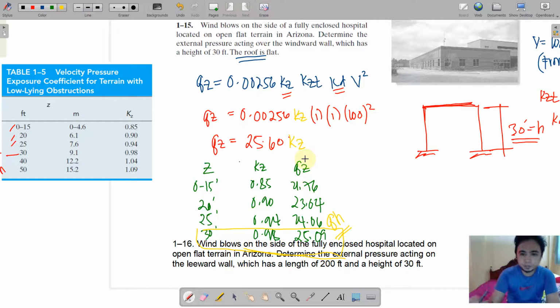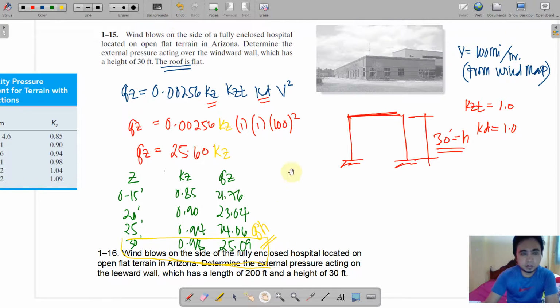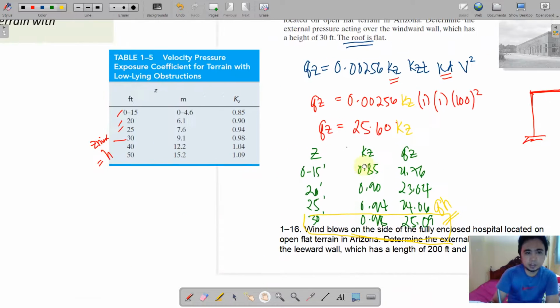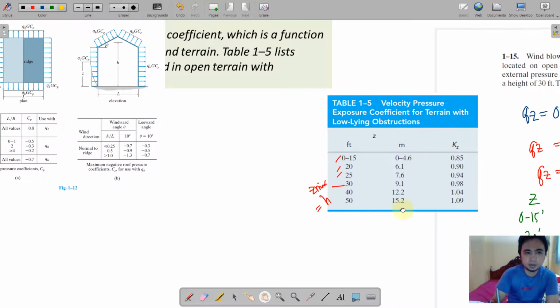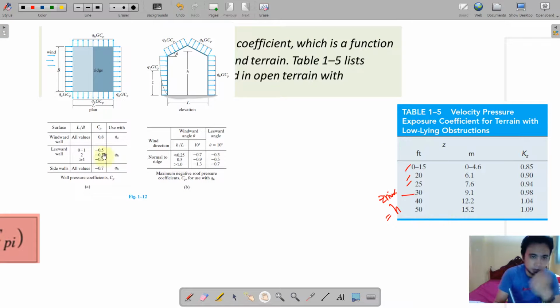So moving on, we are now ready to determine the design pressure on the windward wall. Ito yung windward, this side on the left portion. So the windward have different values, because again, CP is changing, as we can see here on the table. Or sorry, windward wall.